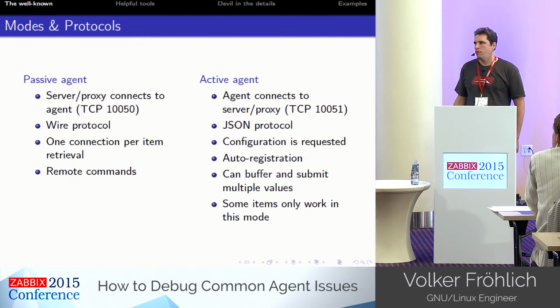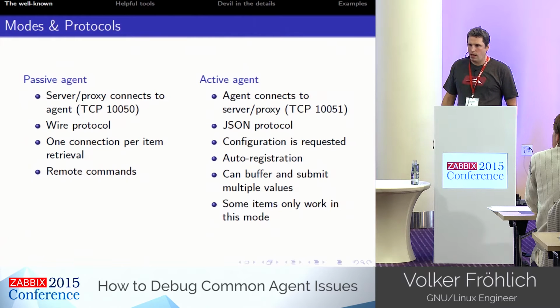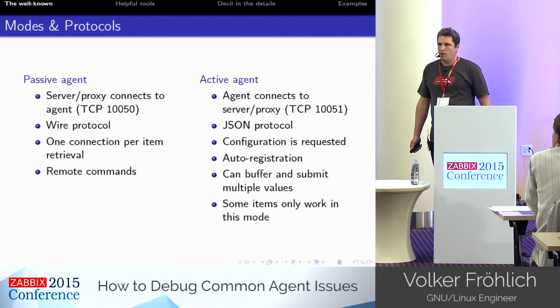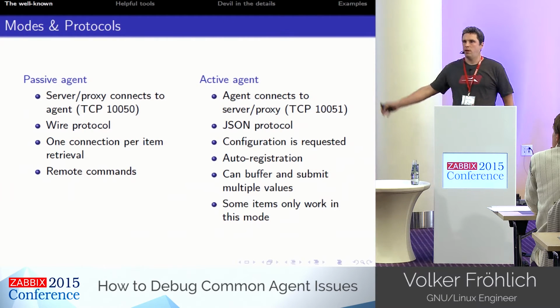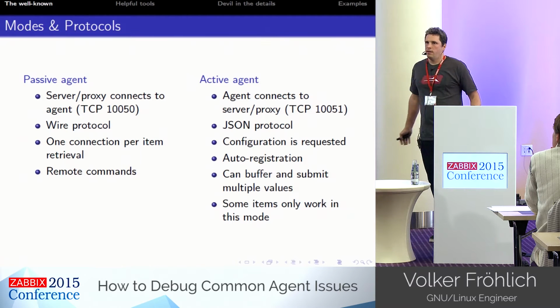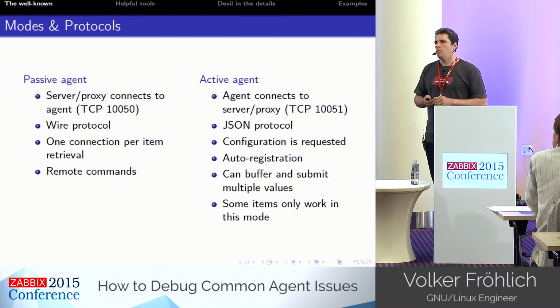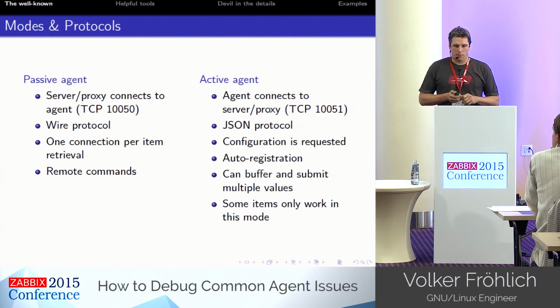It allows for something called remote commands to fire for some actions, and the active agent being sort of the opposite, the agent connecting to the server or proxy, asking for configuration and then submitting not just one but usually more values at a time to the server or the proxy.